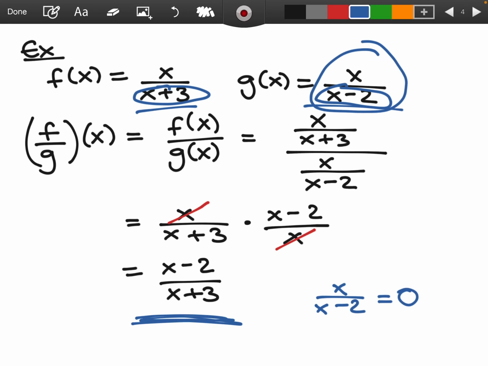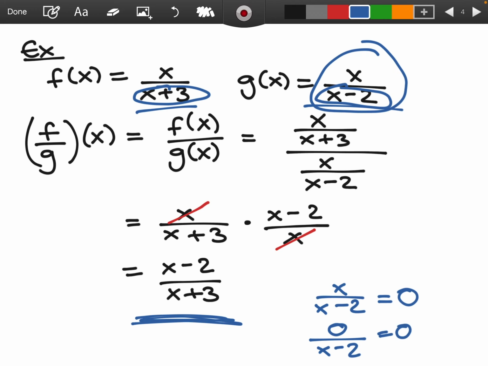But if you make a fraction equal to 0, you are just looking at where that numerator equals 0. Well, whenever x is equal to 0 in this case, my numerator is always equal to 0. 0 divided by anything is still 0. So in this case, where x equals 0, my whole fraction equals 0.